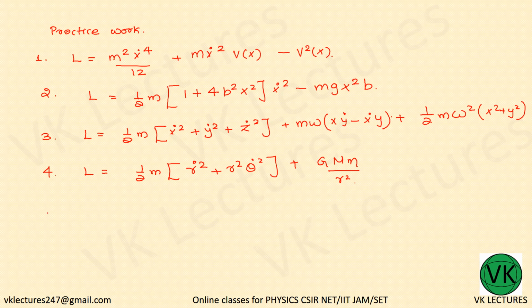That's the fifth question. Lagrangian is equal to half m x dot square minus kx to the power 4 by 4l square.